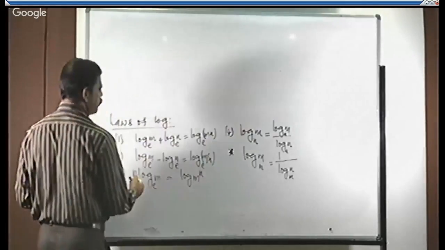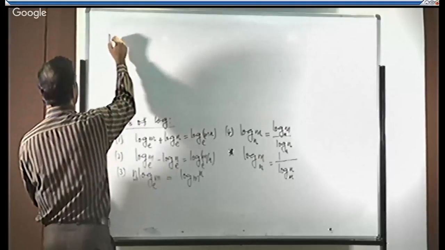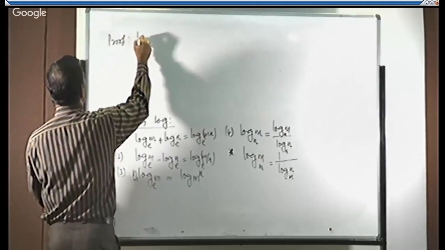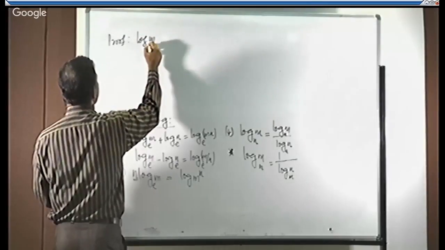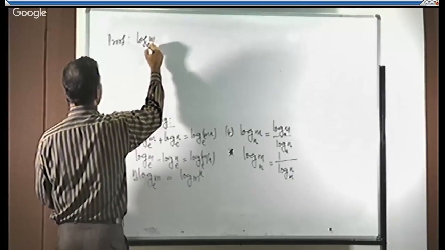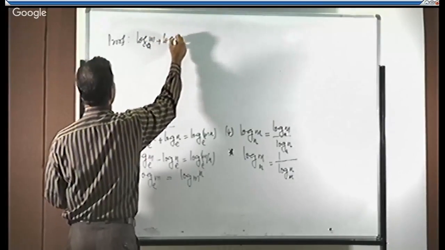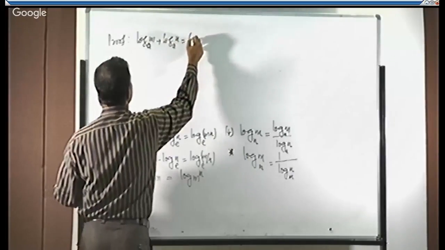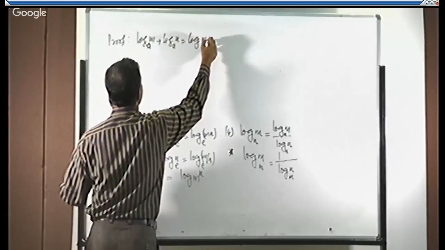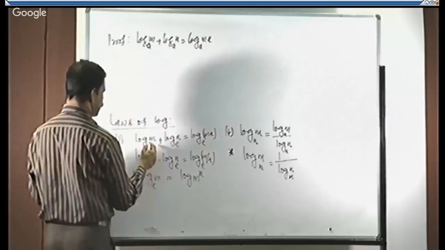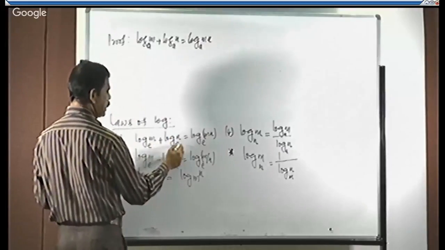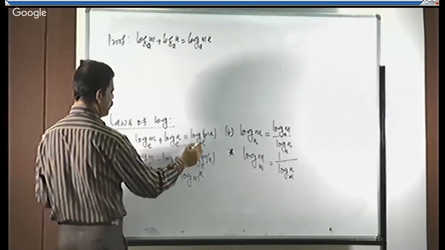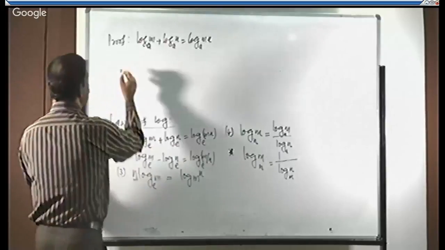To understand how they arise, I will show the first one, the proof of log m to the base a plus log n to the base a is equal to log of mn to the base a. So here I have taken e, you can take a, you can take b, any base.